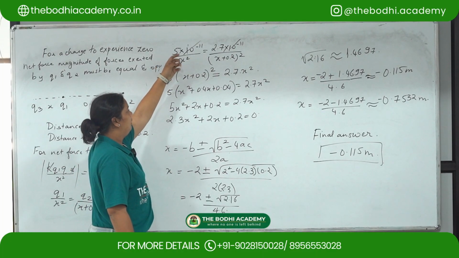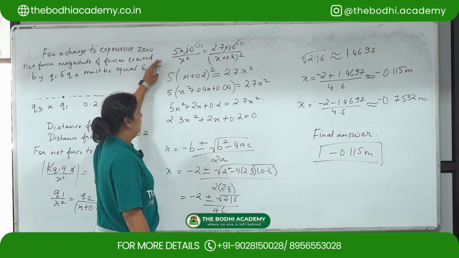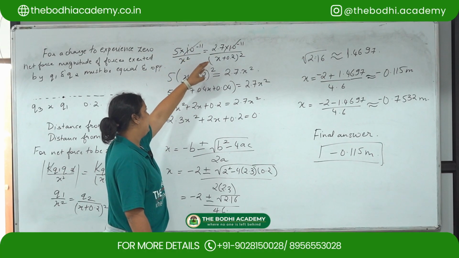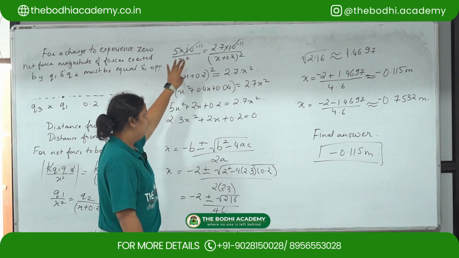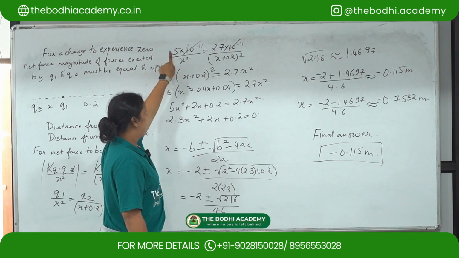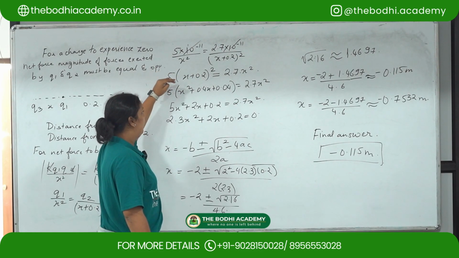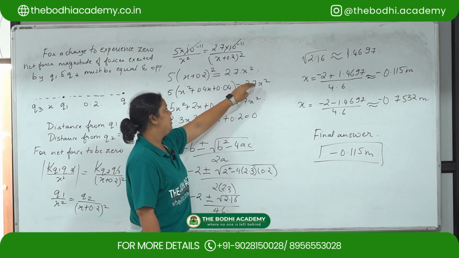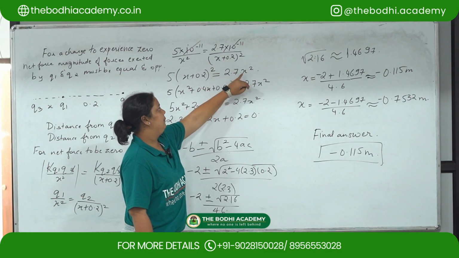So cross multiplying and cancelling the similar values, 10 raised to minus 11 will get cancelled because it is present on both the sides. So cross multiplying we will get 5 times x plus 0.2 the whole square equal to 2.7 x square.